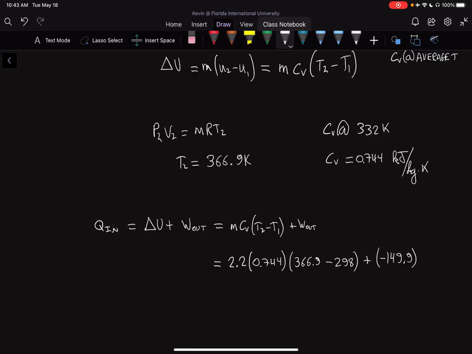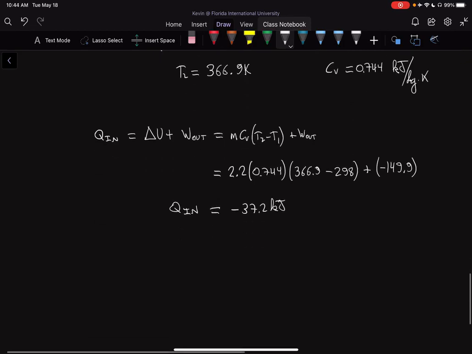So we get that that is the case, and we finally get that our Q in, so our Q into our system is equal to minus 37.2 kilojoules. So if we have a Q in that is negative, that means that the heat is going out of the system.